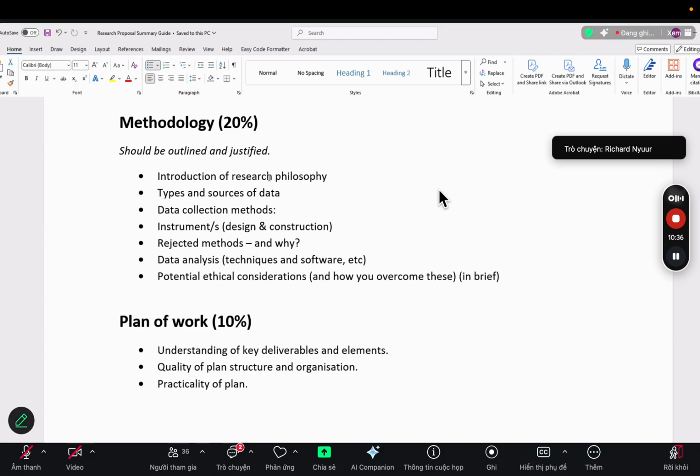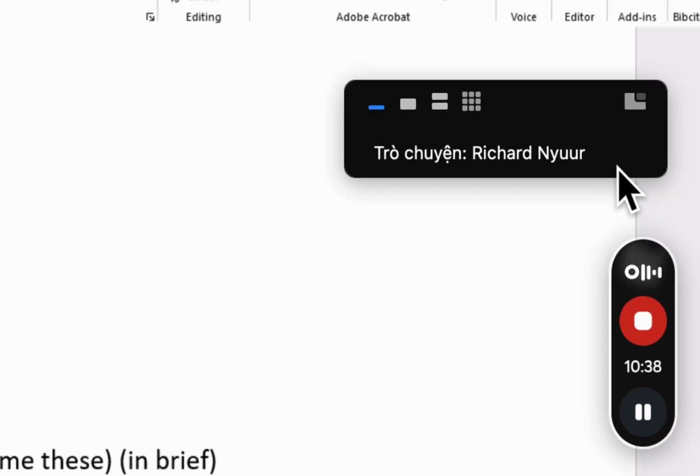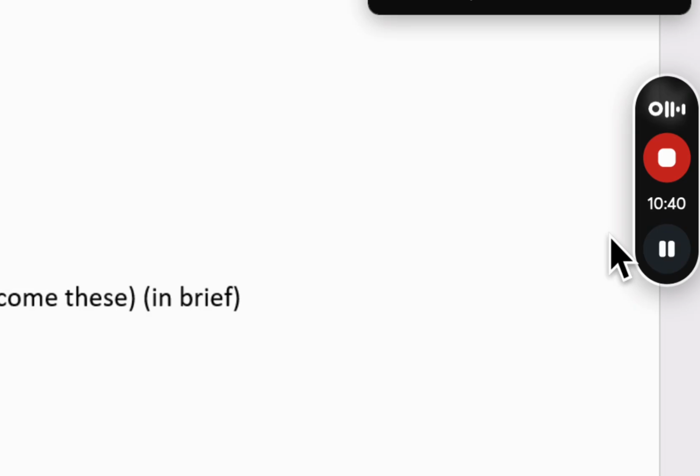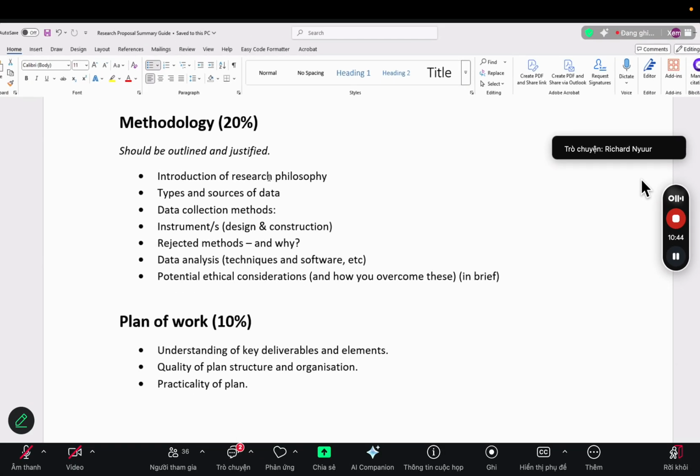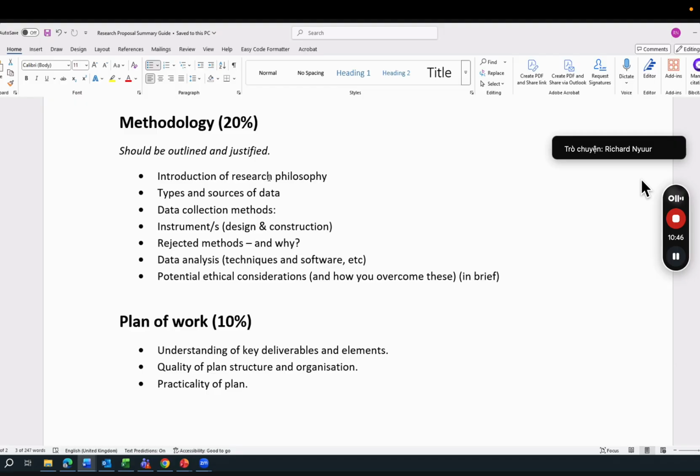If it is a positivist approach, you talk about that. If it is interpretivist, you talk about it. You can talk about the two. It's either interpretivist or positivist or pragmatism. And then you just highlight why.